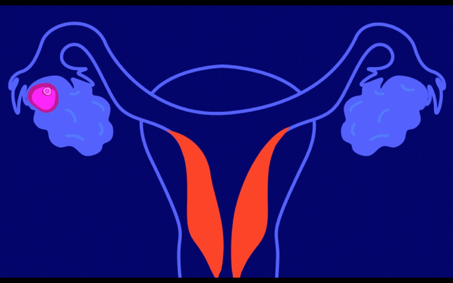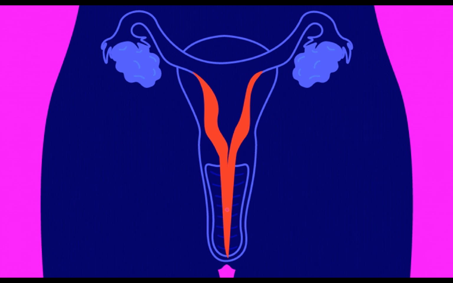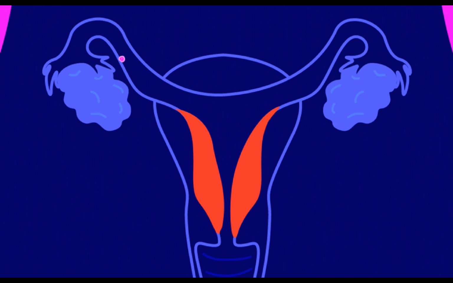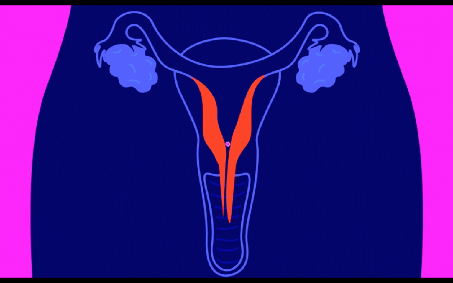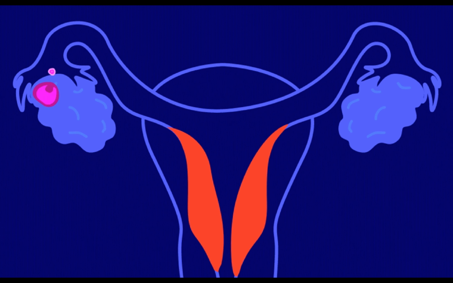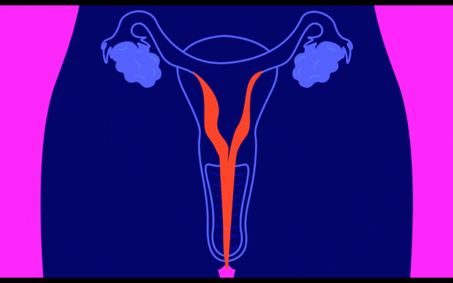It's going to be shed and it's going to be discarded together with that unfertilized immature ovum, which at that stage is known as the secondary oocyte, right? It's going to exit the body through the cervix and out the vagina. And that process is called menstruation.